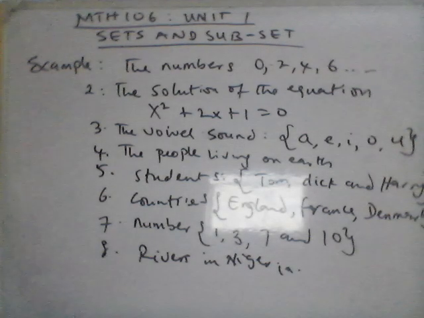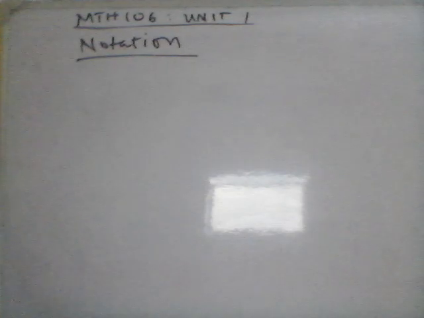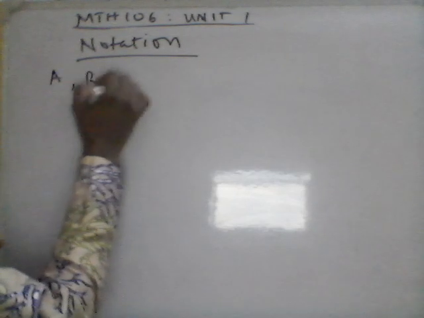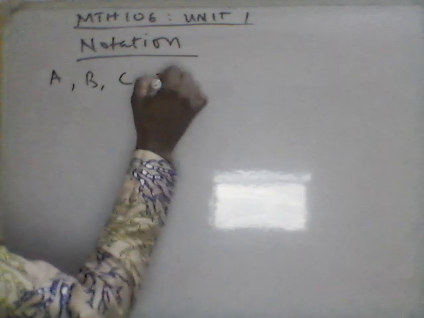Okay, so we'll go on to notation. When we say notation, what do we mean? So notations are usually how a set is described. Sets will usually be denoted by capital letters: A, B, C, D, and so on.